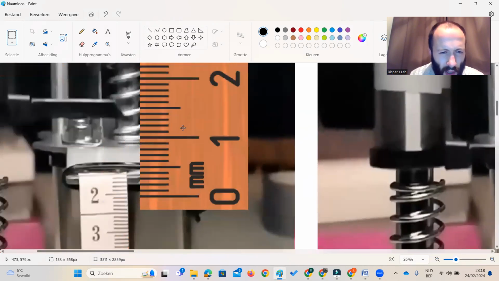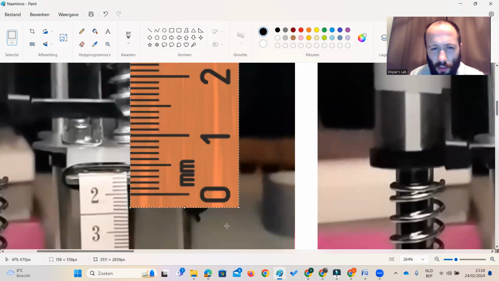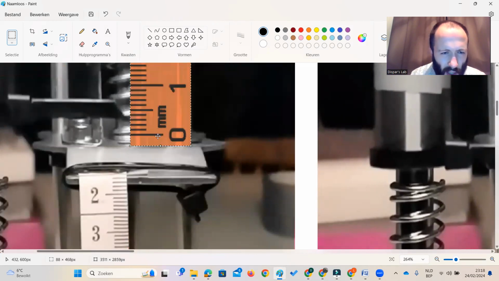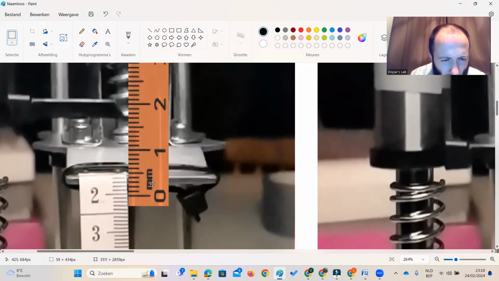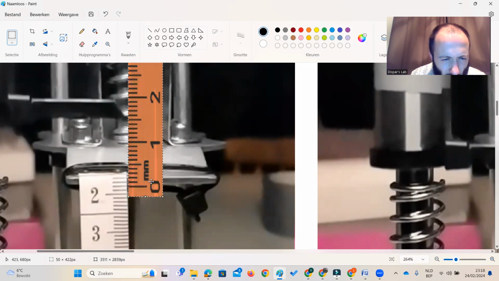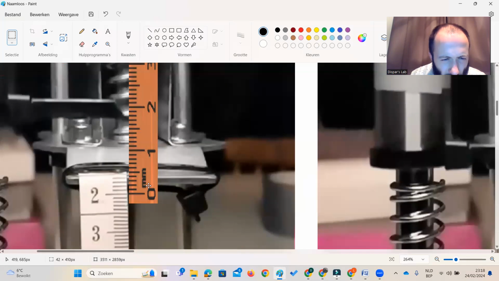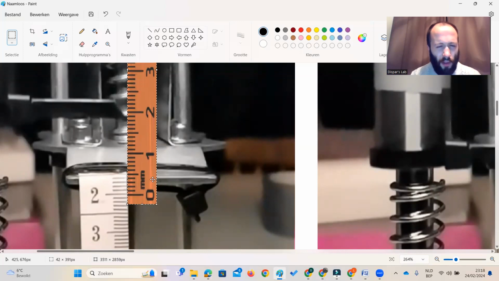And I'm going to make sure that this digital ruler will be the same size as this ruler. So let's take a look. A little bit smaller. Almost. Yeah, there we go. They fit. So it aligns with the 2 centimeter mark.